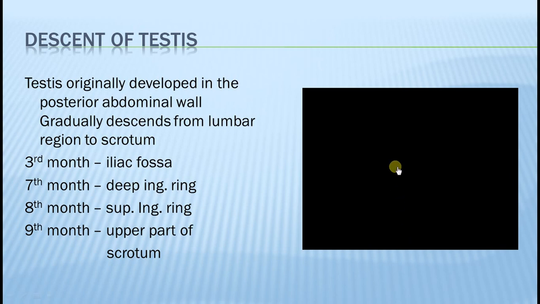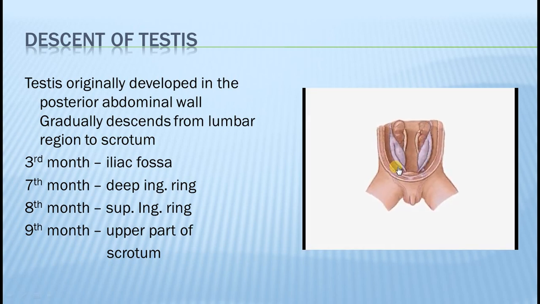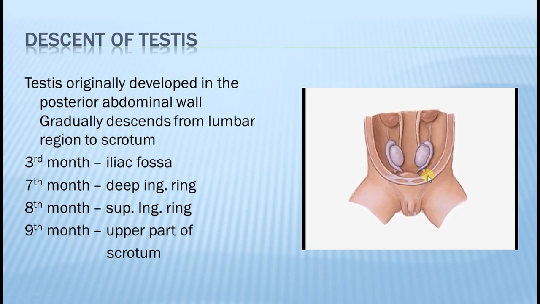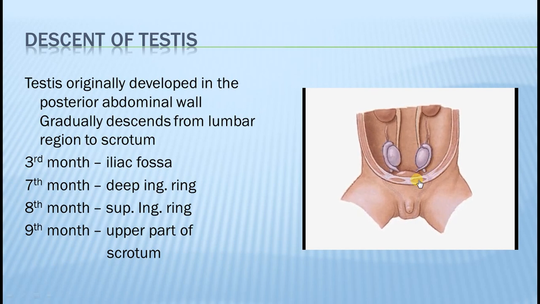So that is how the testis is descended. Once again I will repeat this. See, it passes through the muscles of the anterior abdominal wall, that is through the inguinal canal, and ultimately it will reach the scrotum during the 9th month.